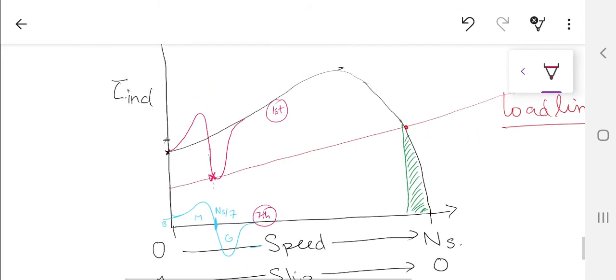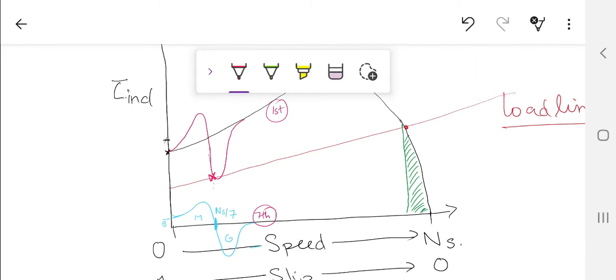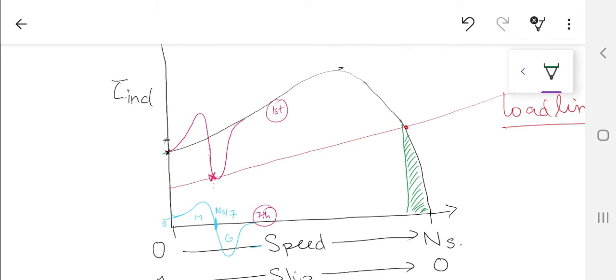Previously, when the machine was not having any harmonics, the machine started from this particular point, that was the starting torque point, and it passed through all of this, accelerated through it, and then went to this point, because this was a stable point at which the machine could work very easily. This was the load line at which it was crisscrossing.